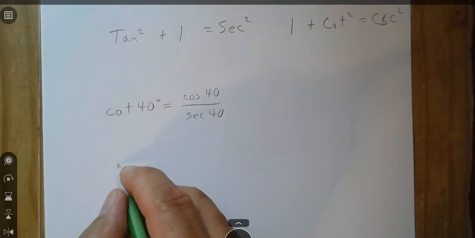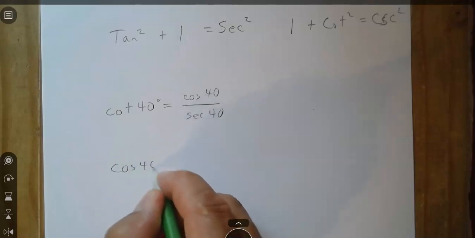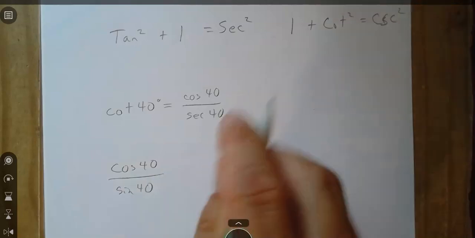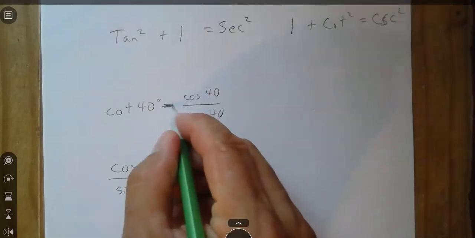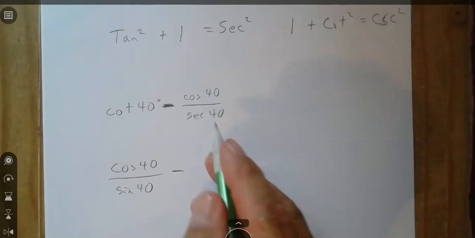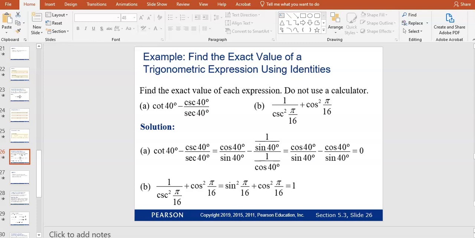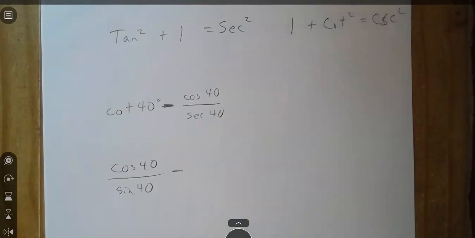We know cotangent is cosine 40 over sine 40, and that was a minus, not an equal sign. Minus cosecant 40 over secant 40. I wrote that down wrong.